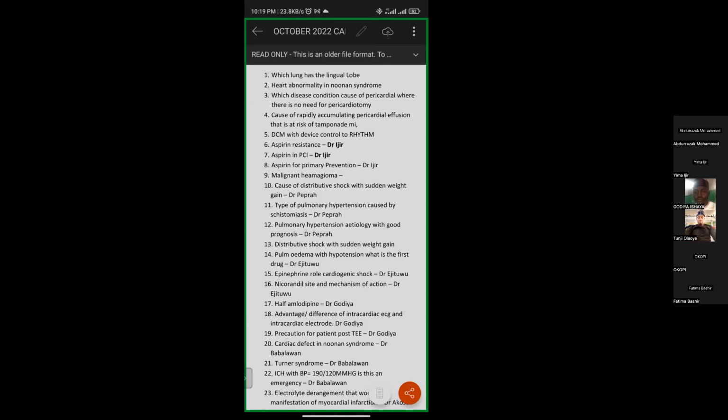Because the endothelial cell is supposed to produce prostacyclin, which helps against thrombosis and also helps in vasodilatory effect and anti-inflammatory function. And then you are inhibiting those functions.